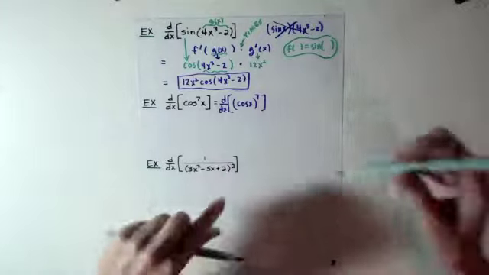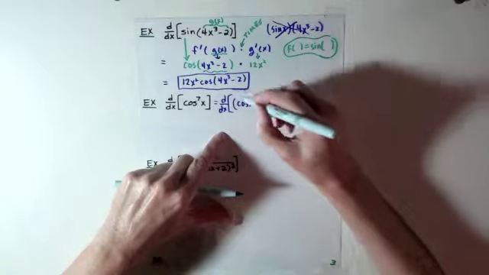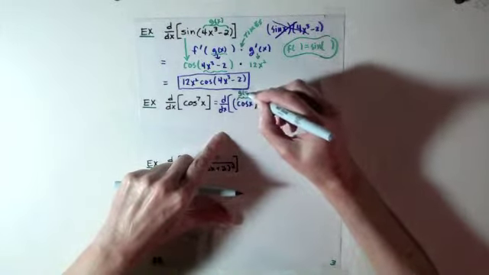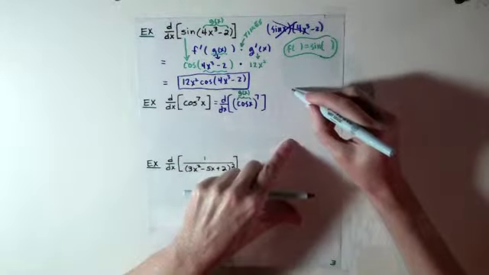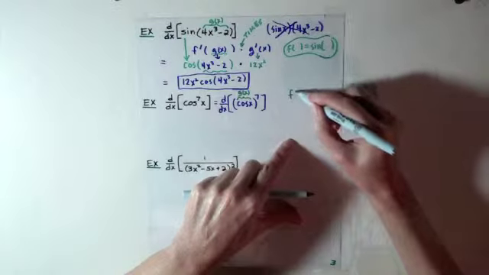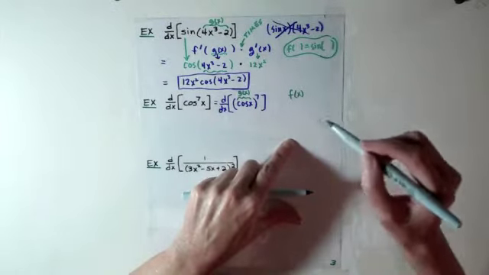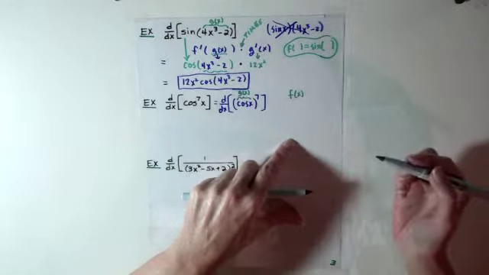Okay, so what's my inner function in this case? My inner function is what's inside the parentheses, namely cosine x. So my g of x in this case is cosine x. Now I have to think, what would my outer function have to be? What would f of x have to be? So that when I compose f of g of x, I end up with cosine of x all raised to the 7th power.